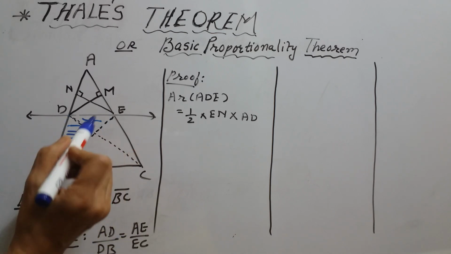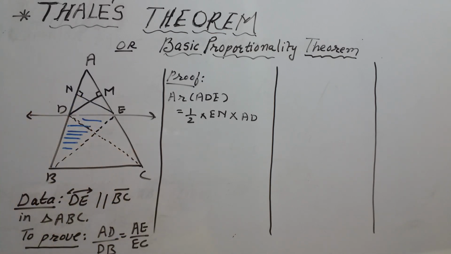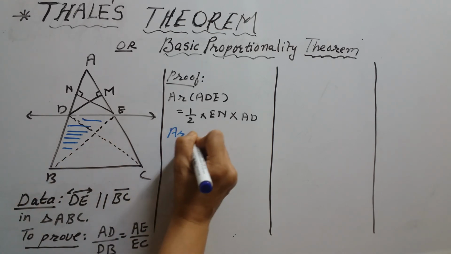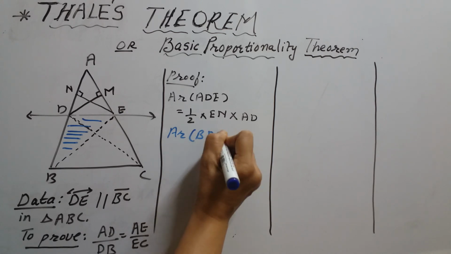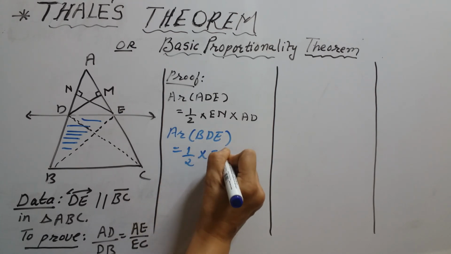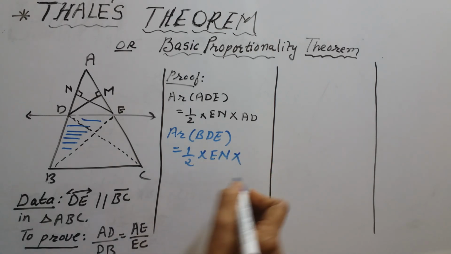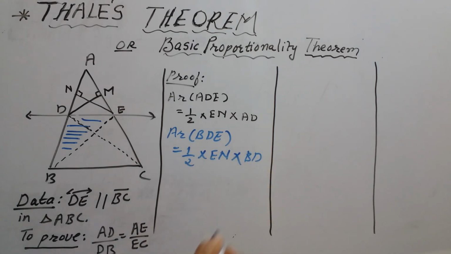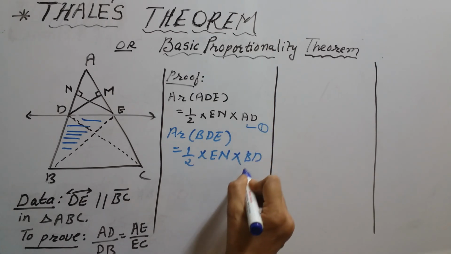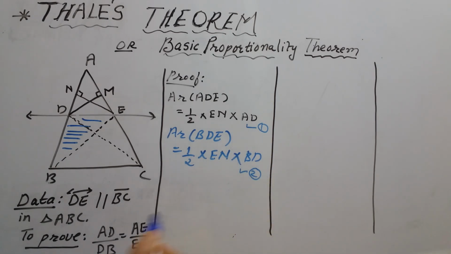So triangle BDE also has the same altitude EN and its base is BD. So I can write area of triangle BDE is equal to half into the altitude, same EN, and the base BD. This I am giving statement number 1. This I am giving statement number 2.